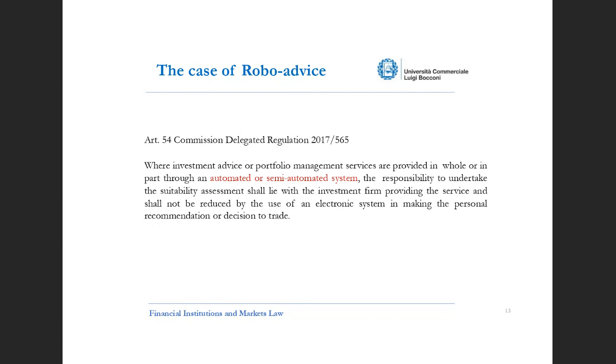There's been quite a lot of discussion as to how we should apply this suitability and appropriateness test in the context of robo-advice services. Robo-advice is a very wide expression.